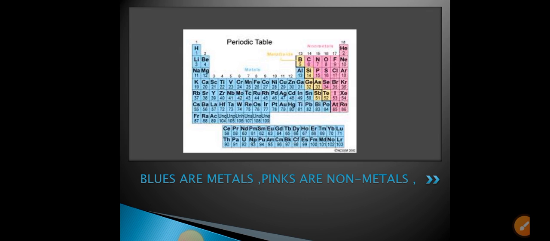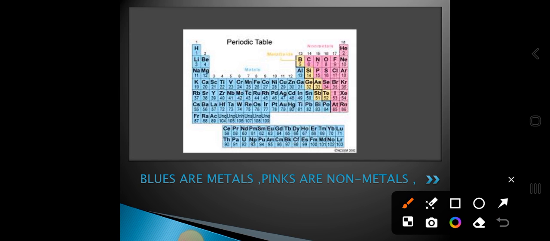So all their valency will be like plus 1, plus 2, plus 3, all that kind of valency. But look at the pink ones: helium, carbon, nitrogen, oxygen, fluorine, neon, phosphorus, sulfur, chlorine, argon, all the pink ones. Okay, they are non-metals. So I've given the description here. Blues are metals, pinks are non-metals. So blues are metals means what?